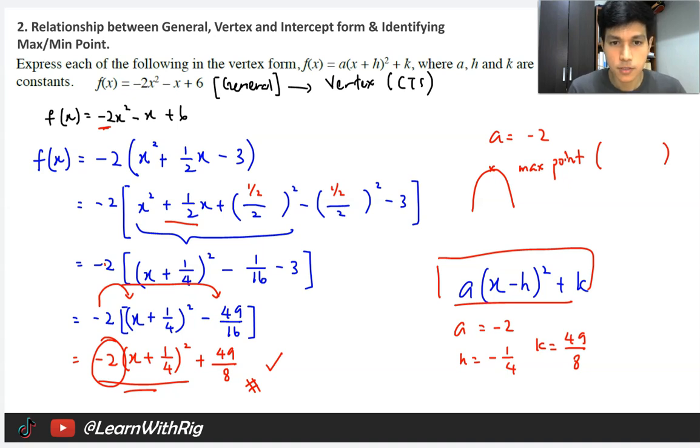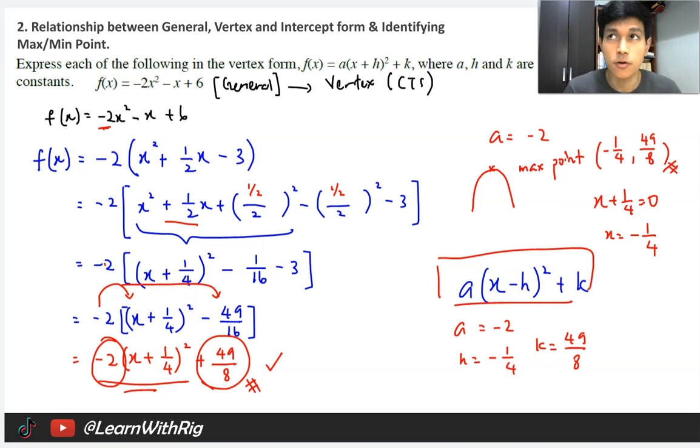The y value is this, so it's 49 over 8. The x value is, you know, x plus 1 over 4 equals 0, so x equals negative 1 over 4. So your x value is negative 1 over 4. So this is your maximum point, or you can say it's your stationary point.